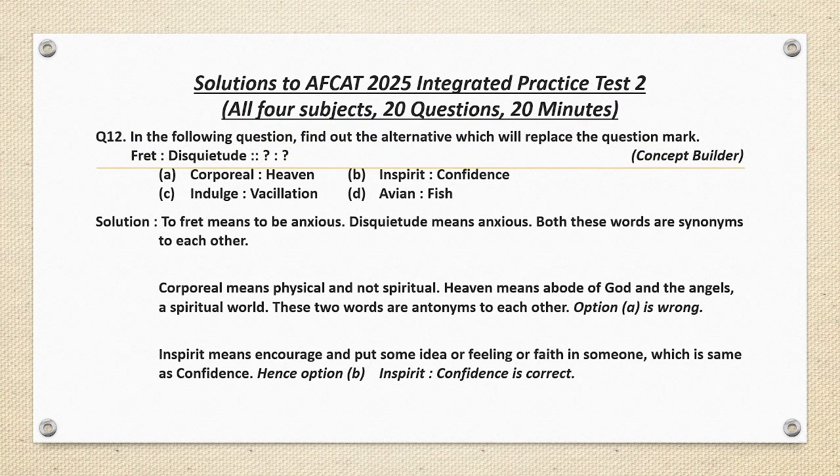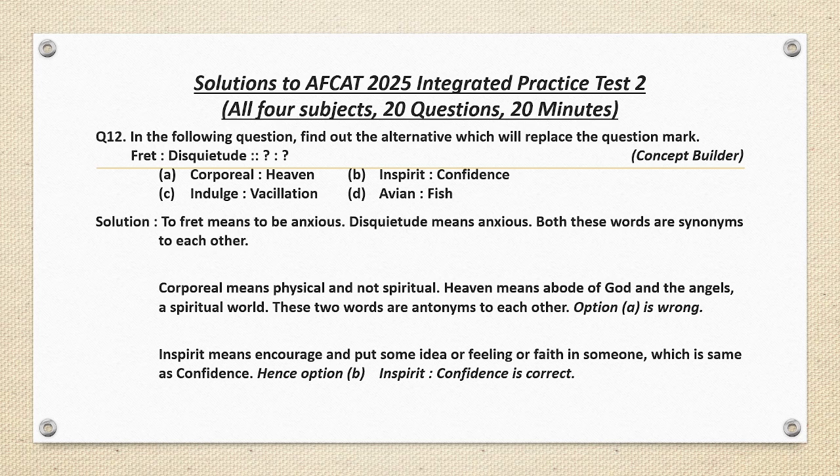Next, question number 12, analogies. Fret and disquietude. What is the meaning of fret and disquietude? Find out the relationship between these two, and then search for a similar relationship from among the 4 given alternatives.